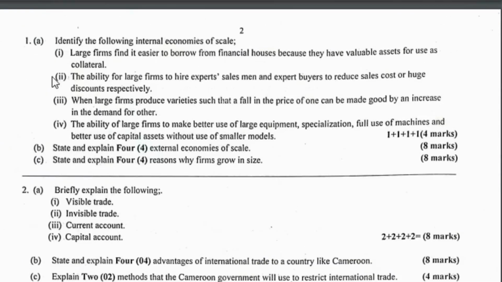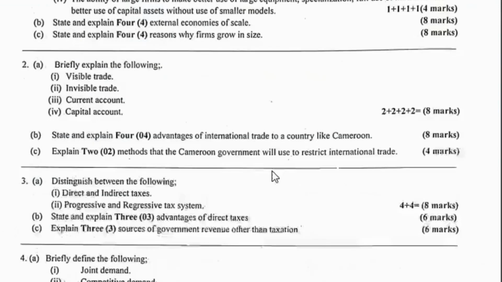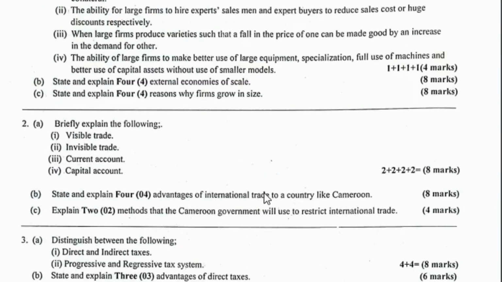As you can see here, identify the following internal economies of scale. Then state and explain 4 external economies of scale. State and explain 4 reasons why firms grow in size. Now, that's the first one. The second one says briefly explain the following: visible trade, invisible trade, current account, capital account.